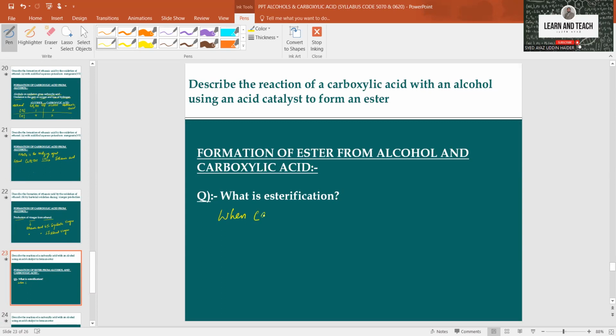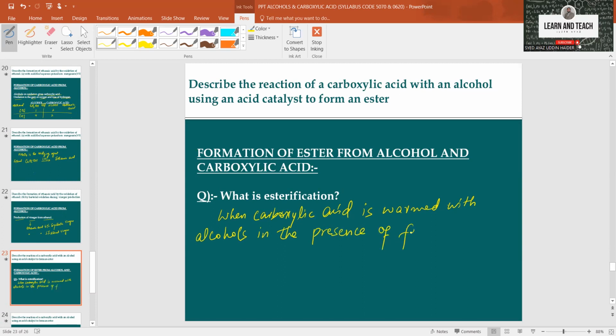When carboxylic acid is warmed with alcohols in the presence of few drops of acids like H2SO4 or HCl.